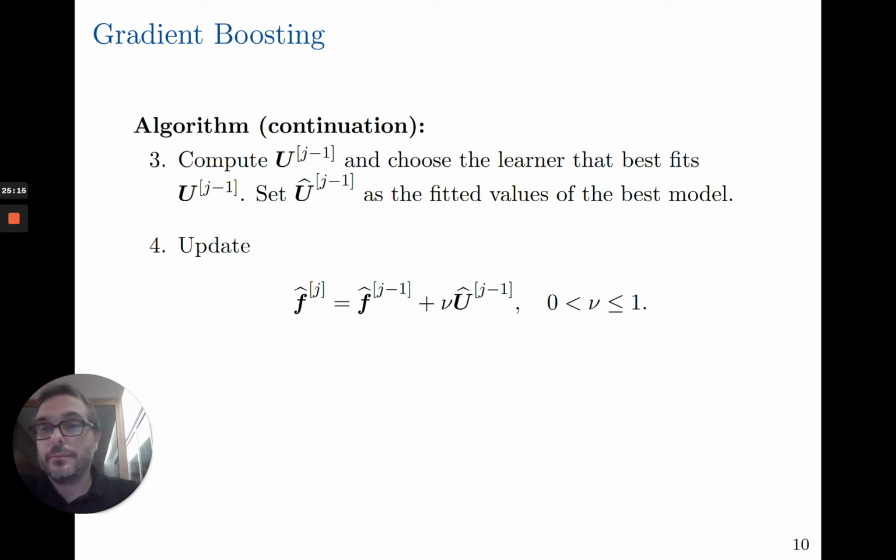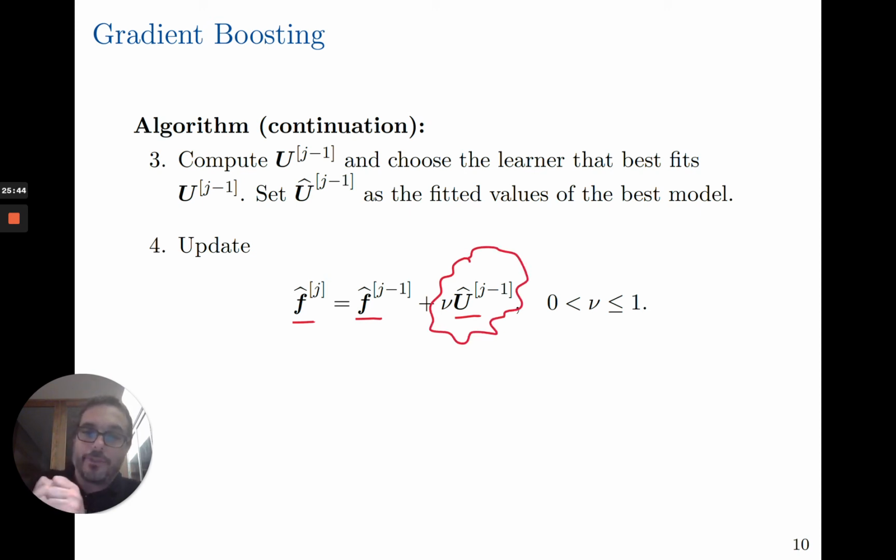So we update the function. At the new iteration, it will be the one from the previous iteration plus the fitted value of the error. So it's the second hit. How much we could get with the second hit to get to the target. So this is exactly a constant times the second stroke. And this new constant will be between 0 and 1.